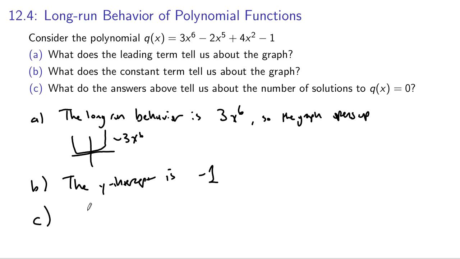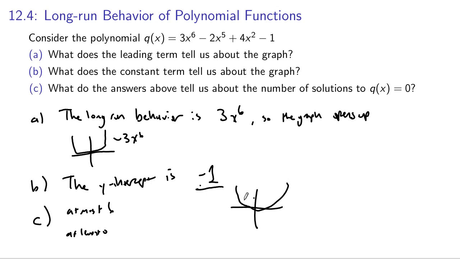And C, what do the answers tell us about the number of solutions to q of x equals 0? So remember that there has to be at most 6, just from the degree. There has to be at least 0 because it's even. But let's do better than that. So we know it opens up, and we know the y-intercept is negative 1, which means that here, close in, the graph must go below and at some point come back up.